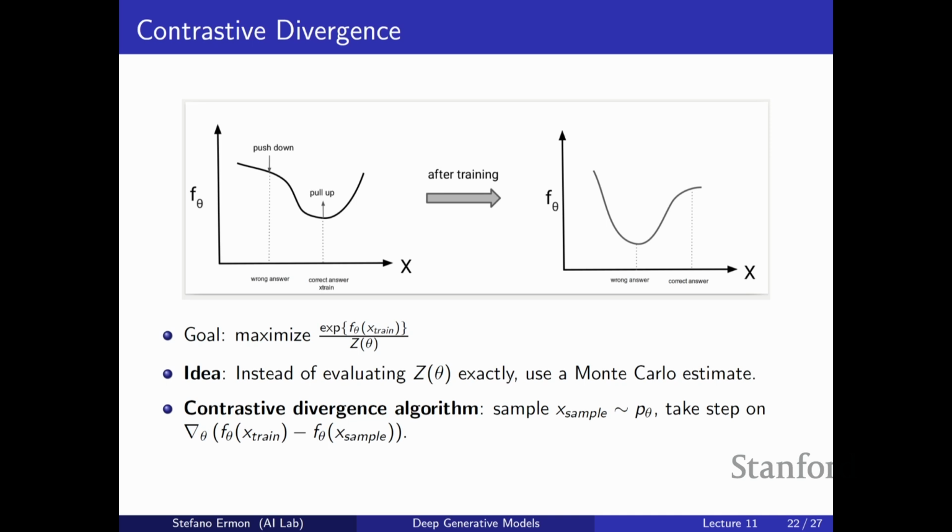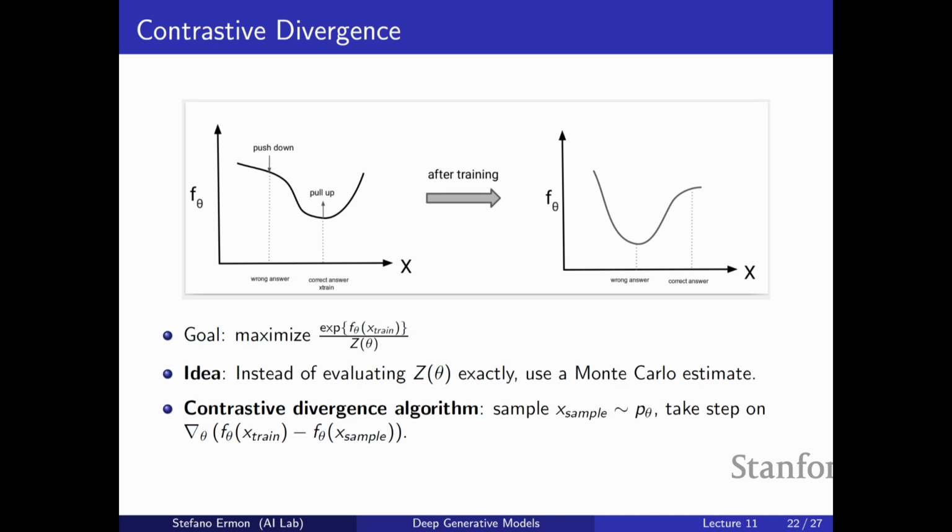So you generate a negative example by sampling from the model, and then you take the gradient of the difference between log f theta, which is basically the energy of the model, or the negative energy, on the training point, minus f theta evaluated on the negative one. This is exactly pushing up the correct answer while pushing down the wrong answer, where the wrong answer is defined as the sample from the model.